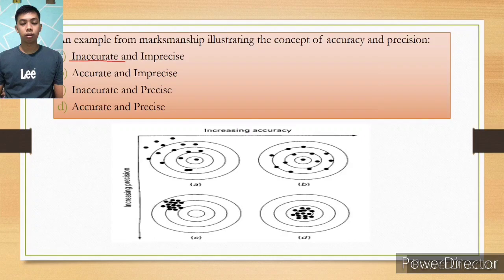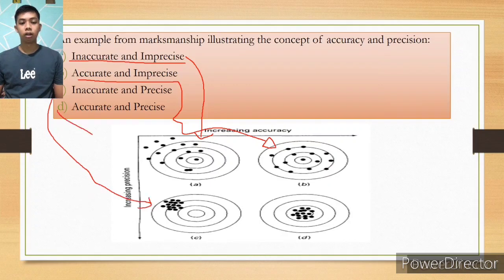Sample A is inaccurate and imprecise. B is accurate and precise. C is inaccurate and precise. Then D is accurate and imprecise. So this is a simple illustration of accuracy and precision.